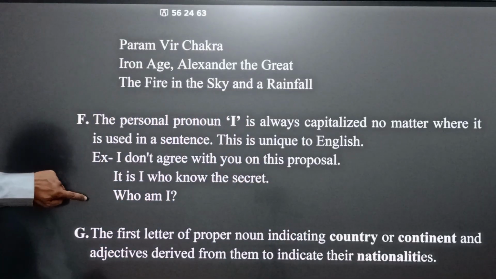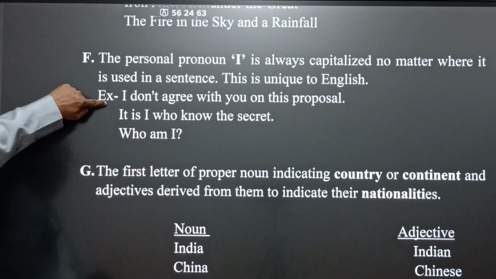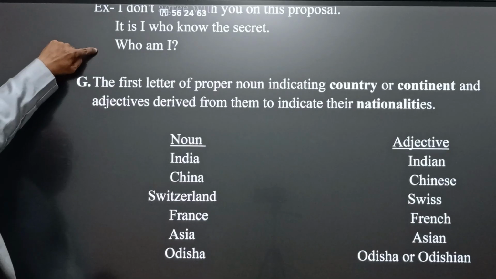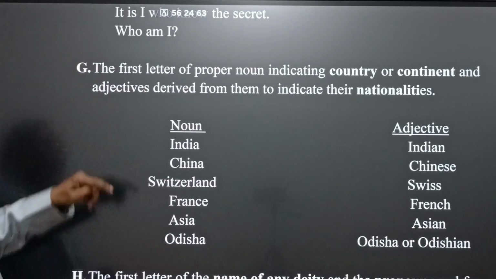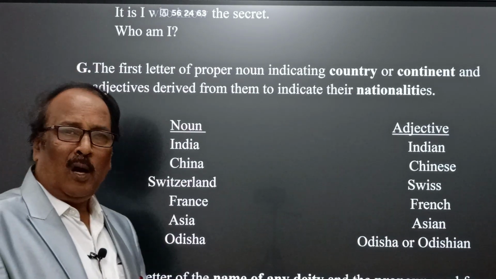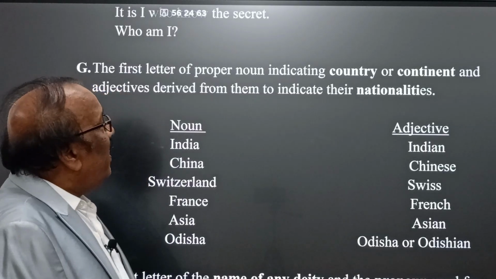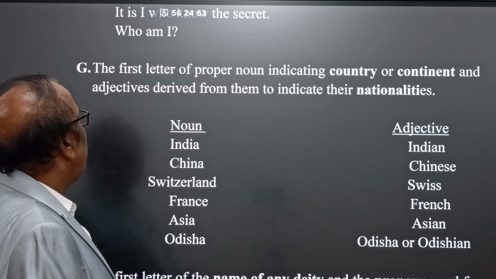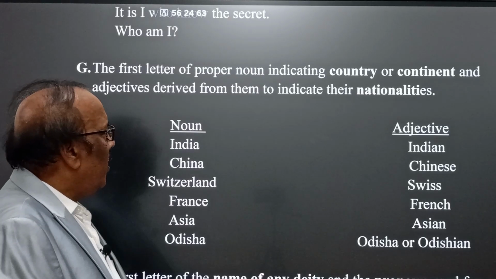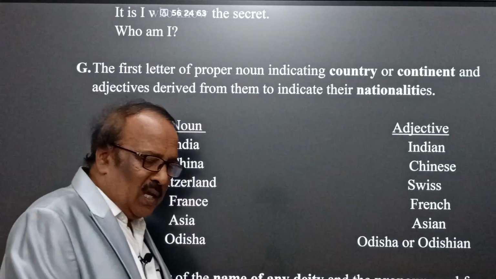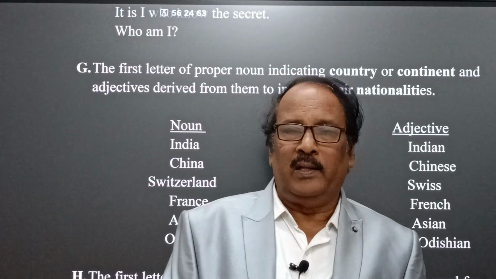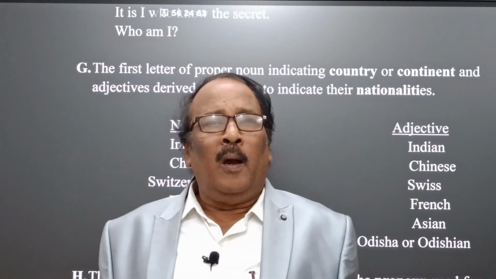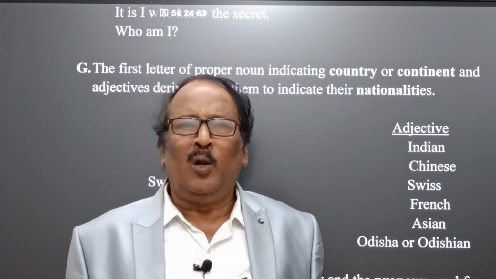Next comes the first letter of a proper noun indicating a country or continent, and the adjectives derived from them to indicate their nationalities. As we know, the first letter of a proper noun must be capital.